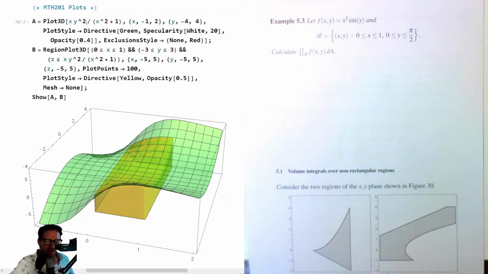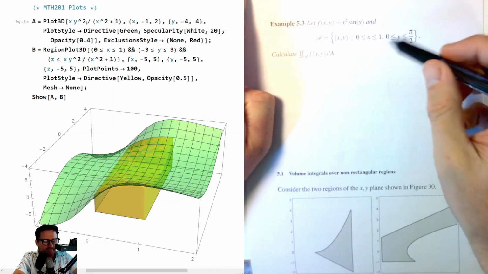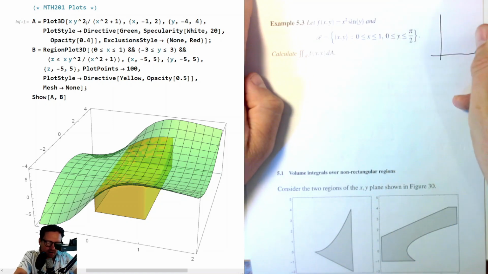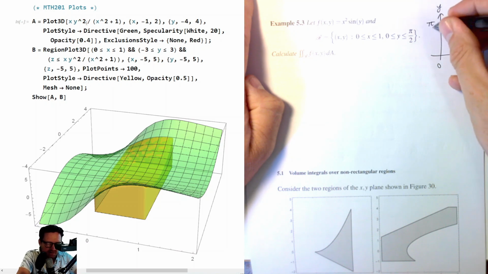Okay, example 5.3. Let f of x and y be x squared sine y, and let a rectangular region be x going from 0 to 1, and y going from 0 to pi on 2 radians.